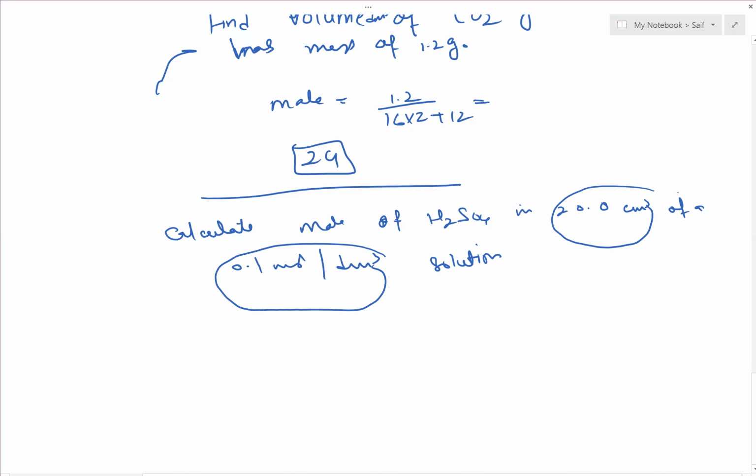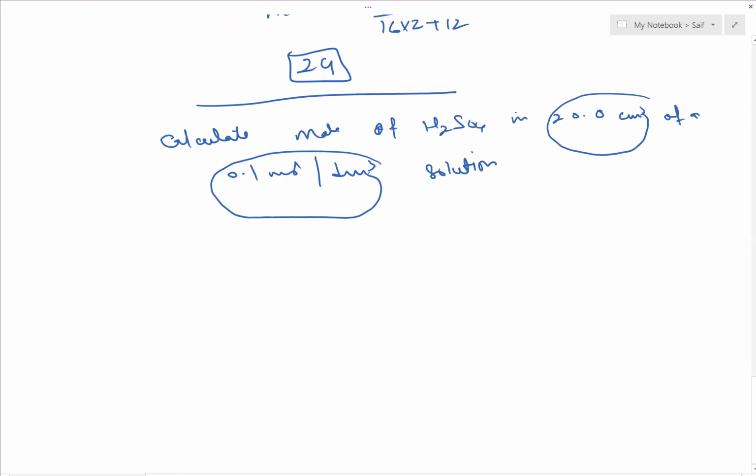Okay. So you convert the centimeter cubed into decimeter cubed by dividing it by 1,000. So what answer do you get over here? 0.02 as an answer. Now, concentration is equal to moles over volume. We have to find moles, which means concentration times volume is equal to moles.